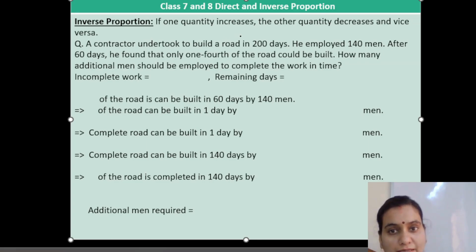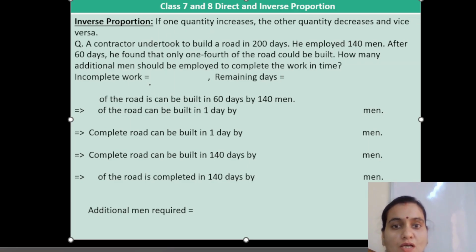If I take 200 minus 60, the remaining days are 140. So within the remaining 140 days, a lot more men are required to get the road done. So this is clearly a question of inverse variation. More men, number of days required is less. Less men, they take a lot more number of days to complete the same work, that is the building of the same road.